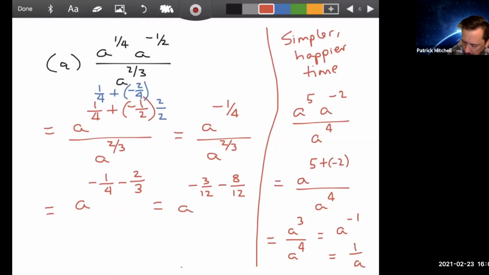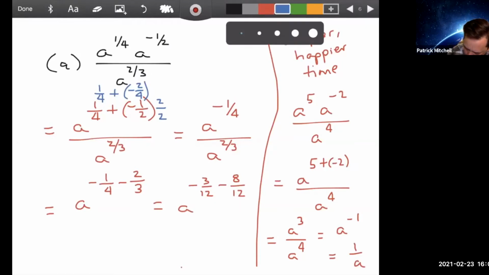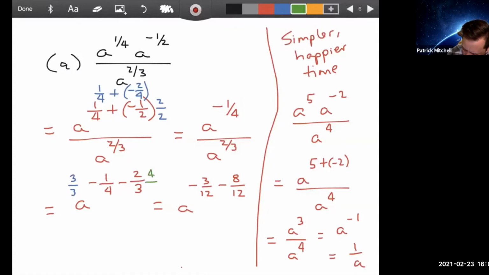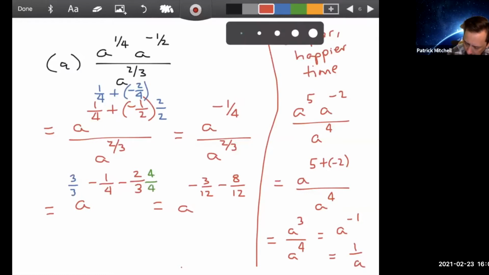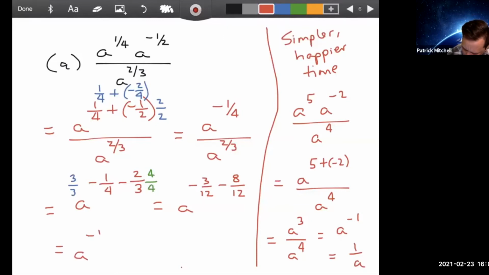Right? So we're doing the top and the bottom of this one by 3. We're doing the top and the bottom of this one by 4. All right, and then negative 3 over 12 minus 8 over 12 is negative 11 over 12. And you don't write your answer using negative exponents, so you would write that as 1 over a to the 11/12ths.